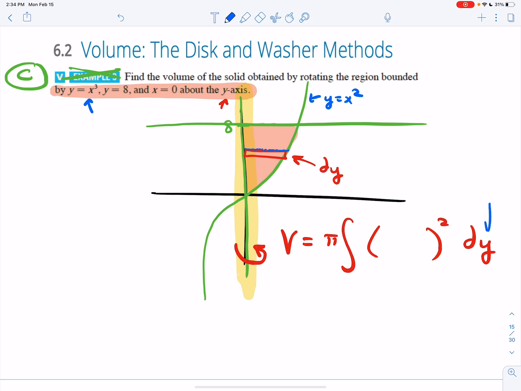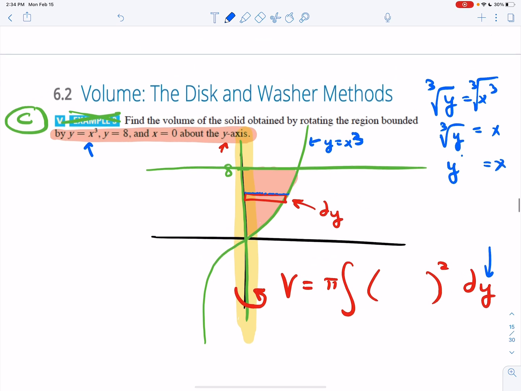But since everything has to be with respect to y, we have to find the equation in terms of y. So y equals x cubed, if you were to solve for it, I would cube root both sides. x would equal the cube root of y, also known as y to the 1/3 power. So I'm going to go ahead and write that in there.